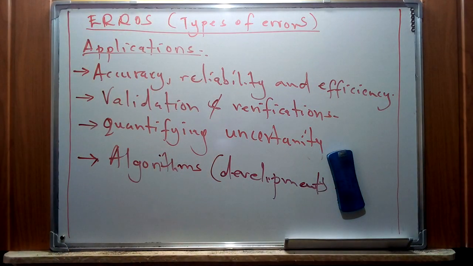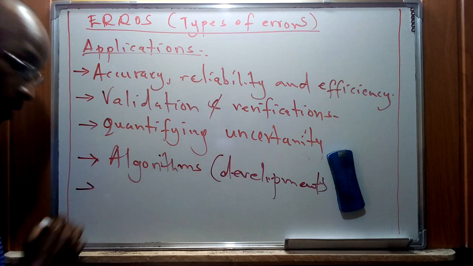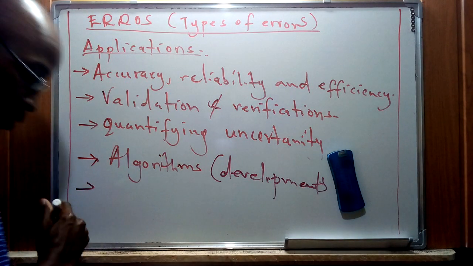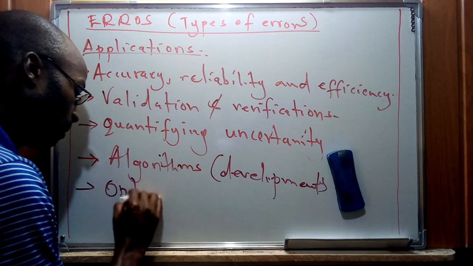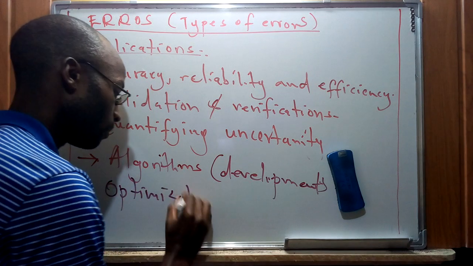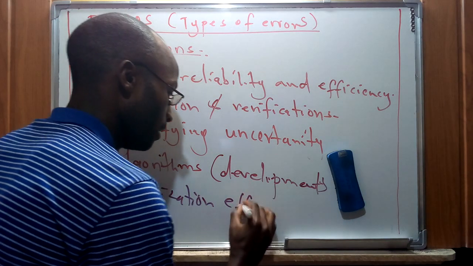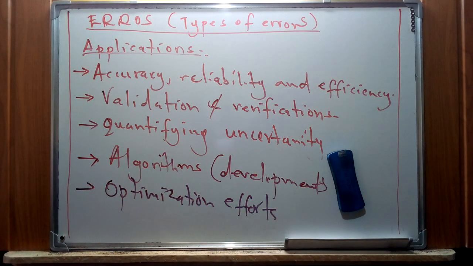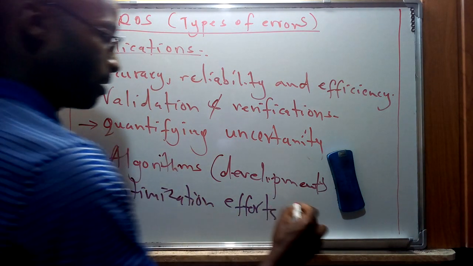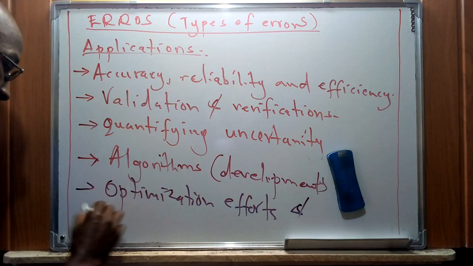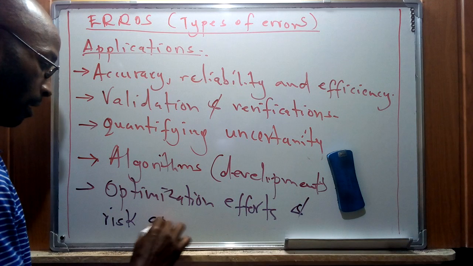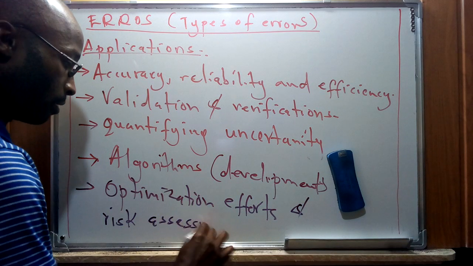And then we said that this is also going to be applicable in supporting optimization efforts. Analysis of errors is going to assist in supporting optimization processes and aid in risk assessment, especially in areas which deal with the concept of commerce.